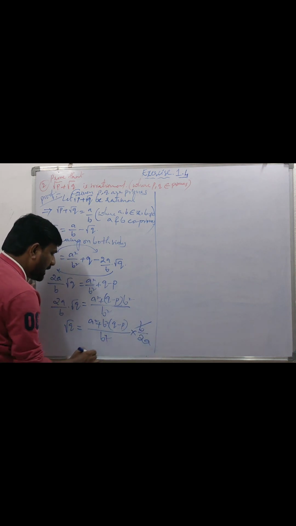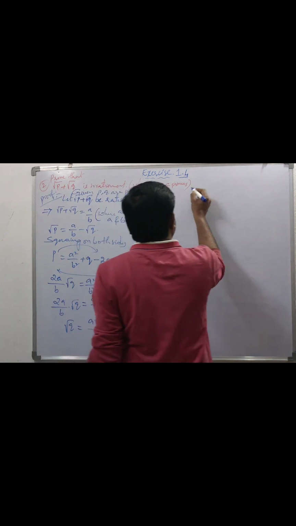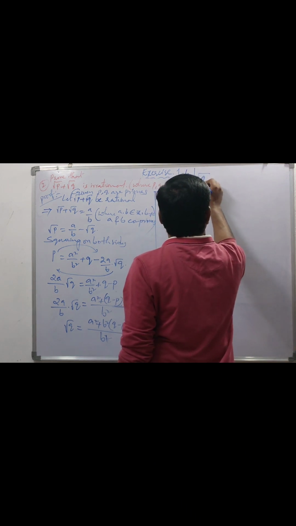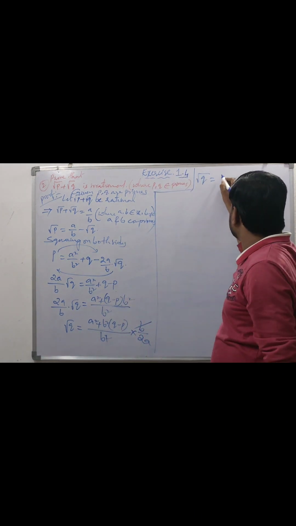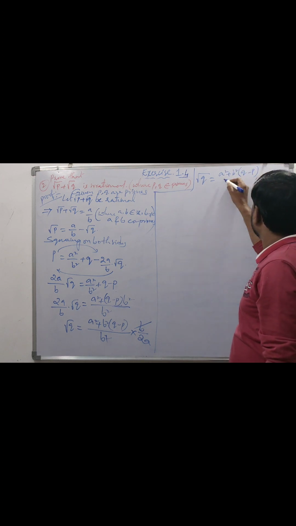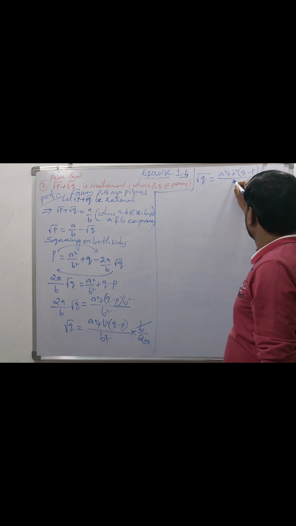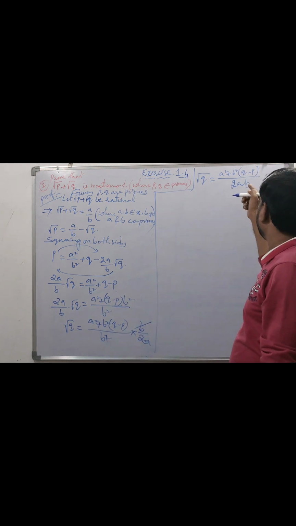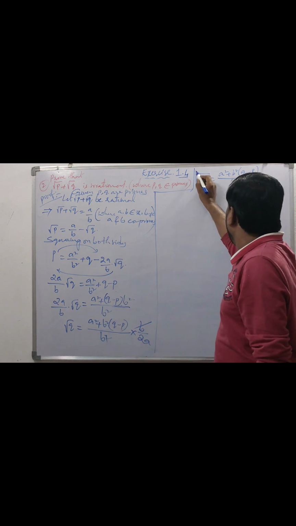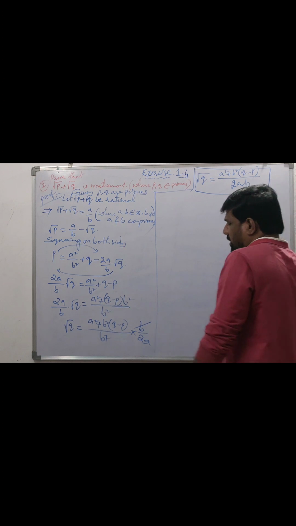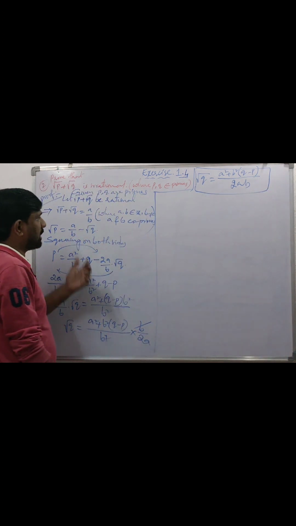Now this b gets cancelled, and left over with root q is equal to a square plus b square into q minus p whole divided by 2ab. Here 2a, here 1b will be left, 2ab, right? This is the expression you got by using this.